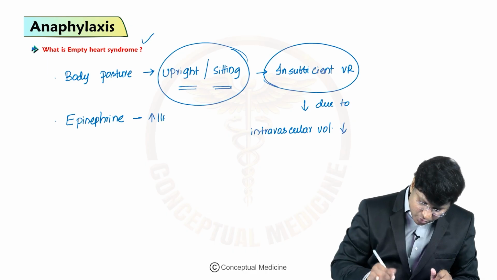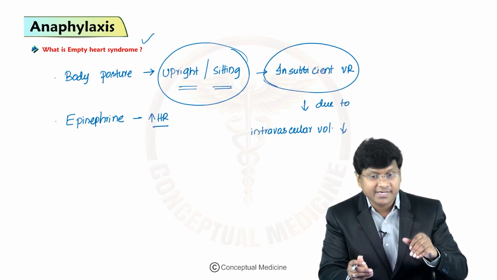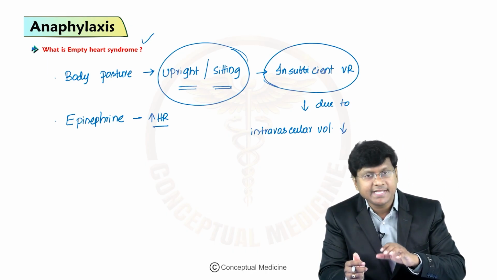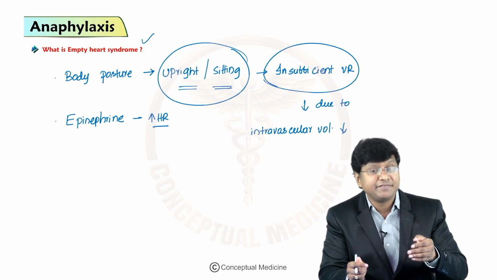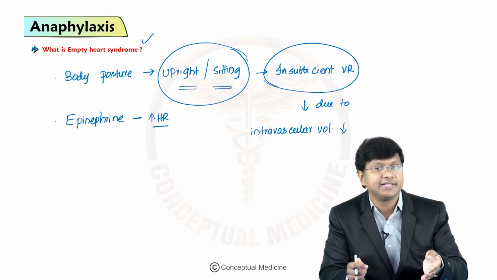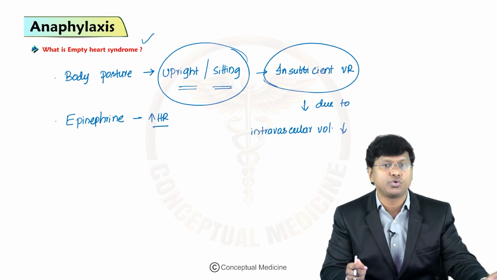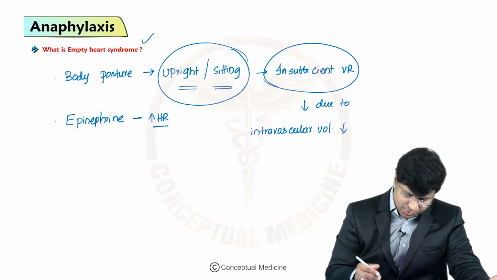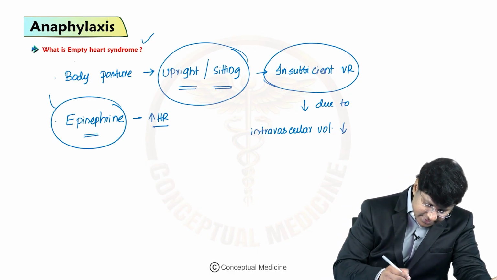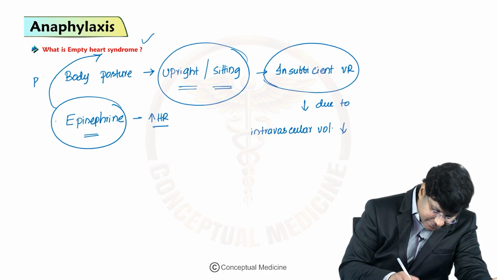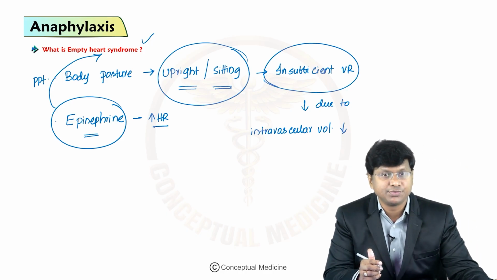That means it has the chronotropic effect, so it will try to empty the heart. Already the heart is empty, suffering with decreased venous return. So epinephrine can further precipitate the empty heart syndrome due to its chronotropic effect.